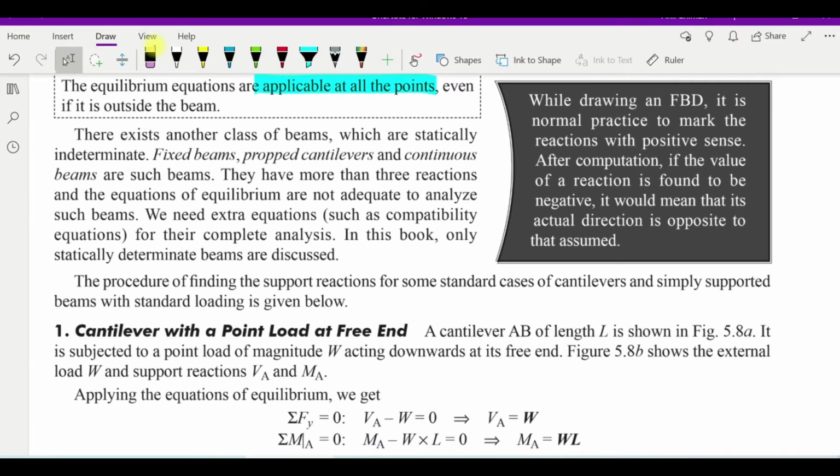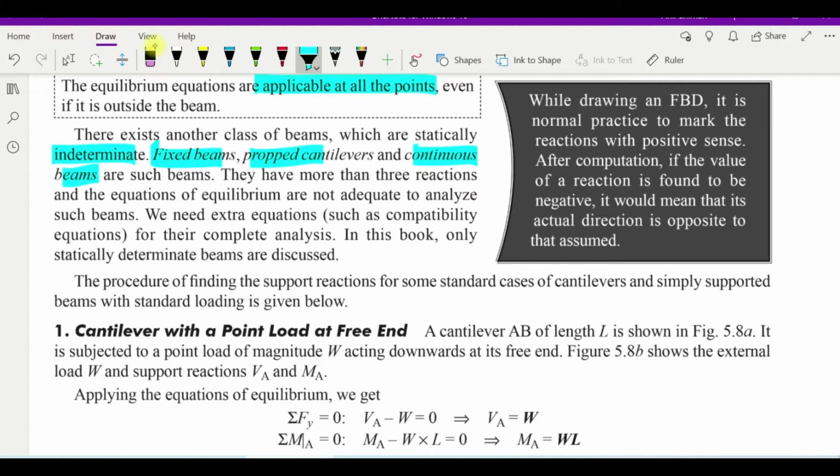The other beams which we have just discussed, the fixed beam, the propped cantilever, and the continuous beam, are statically indeterminate beams. That means the equations of equilibrium applicable on 2D structures number 3, and the number of reactions in the case of these beams is more than 3.